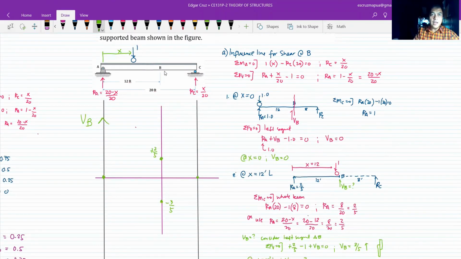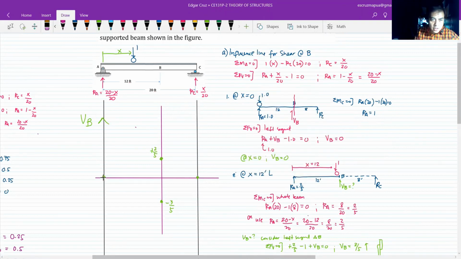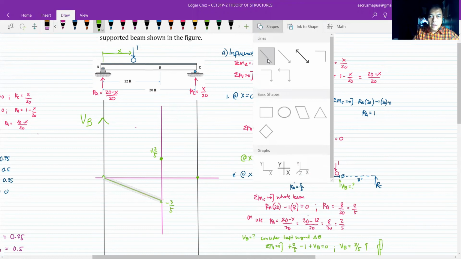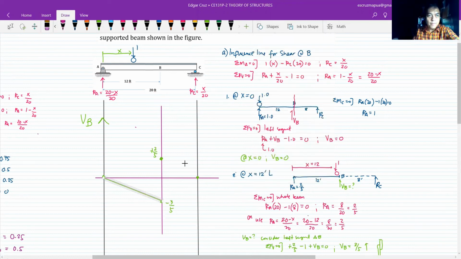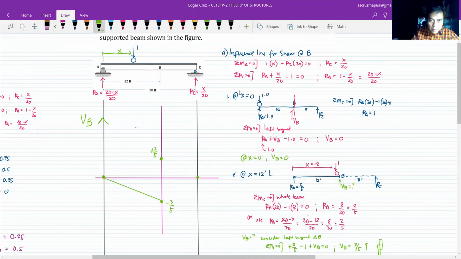So, paano natin i-connect yan? So, di bali, ganito yung magiging influence line. So, 0 dito. Tapos, linear. Okay? Tapos, from this point, we go up to positive 2/5.